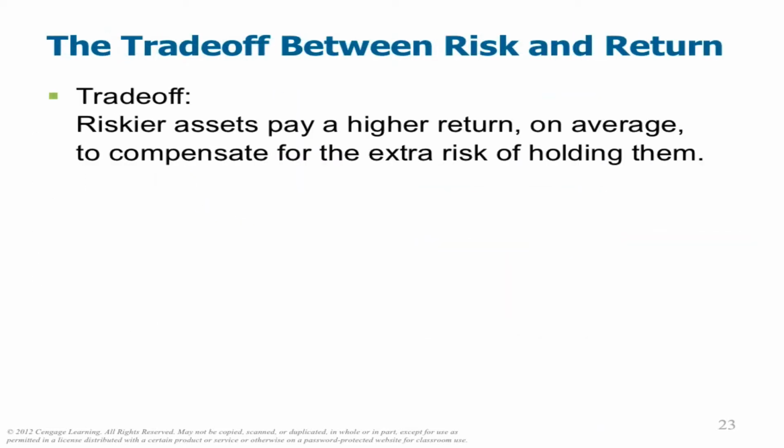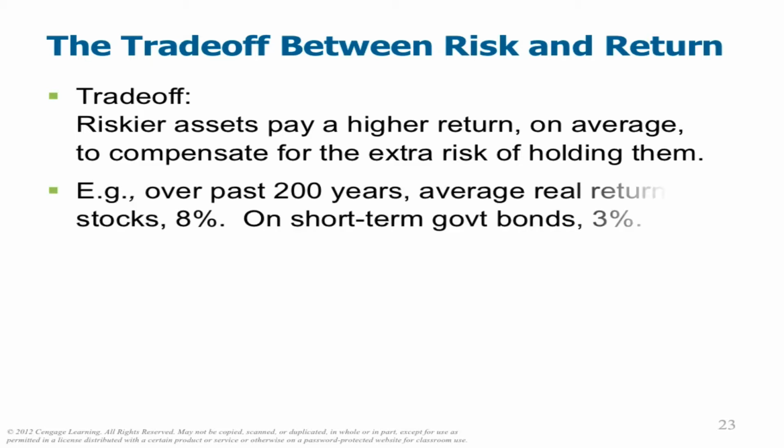All right. Now, there are trade-offs. If you are less risk averse, you are willing to assume more risk, you can expect a higher payout. If you more greatly diversify and reduce your risk, you can expect a lower payout.